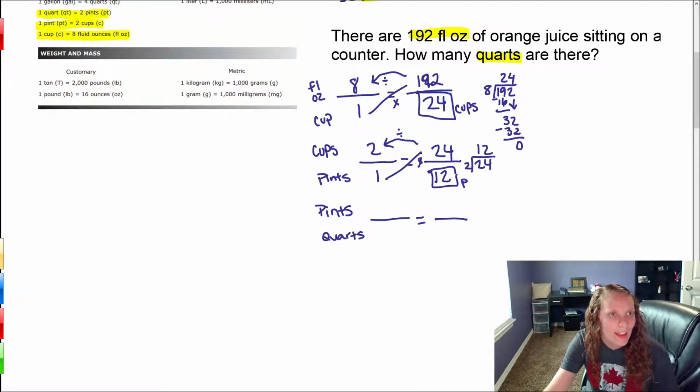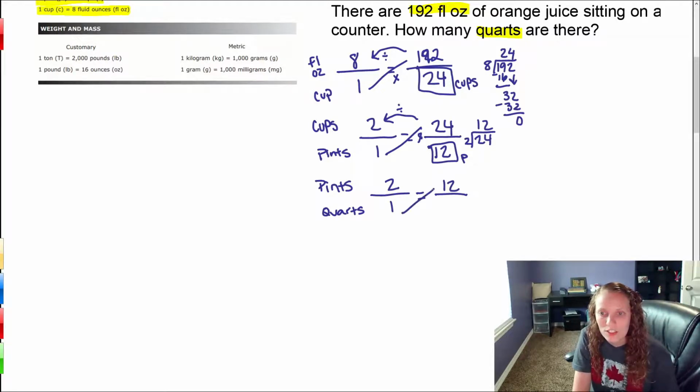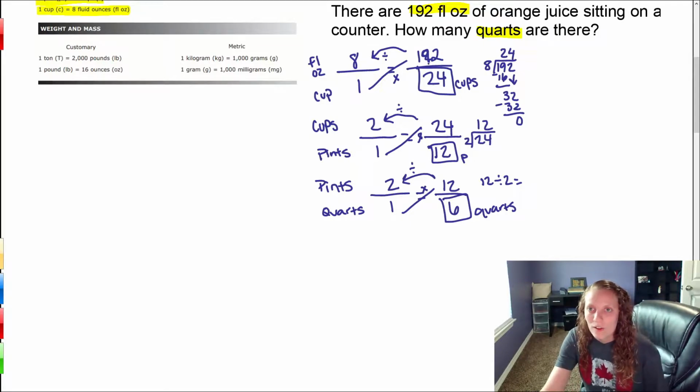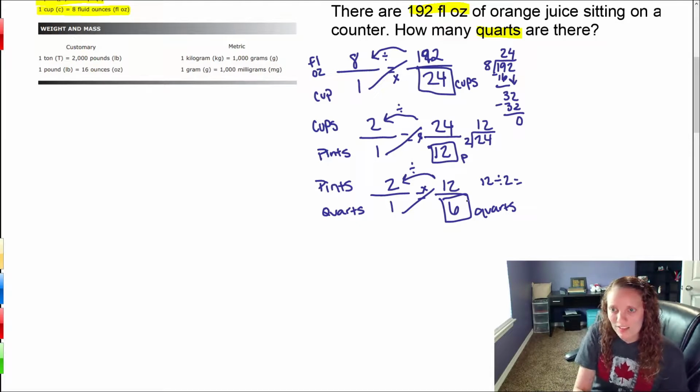We know that 2 pints is equal to 1 quart, and then we have 12 pints total. So let's crisscross multiply. 1 times 12 is 12. Divide that answer by 2. 12 divided by 2 is equal to 6. So if there is 192 fluid ounces of orange juice, that is equal to 6 quarts.